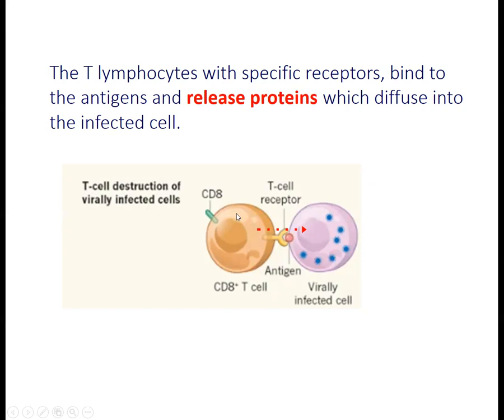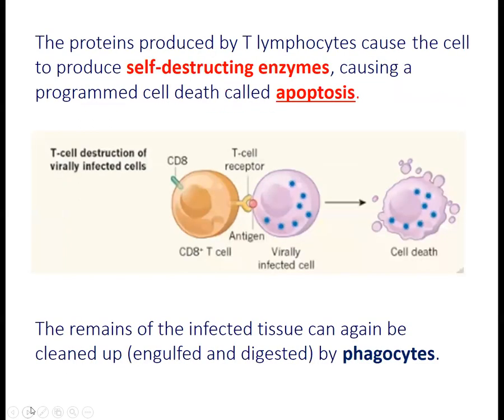So what the T cell does is release proteins which diffuse from the T lymphocyte into the infected cell. And these proteins stimulate the cell to produce self-destructing enzymes.